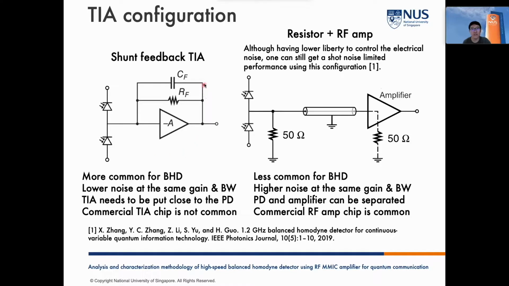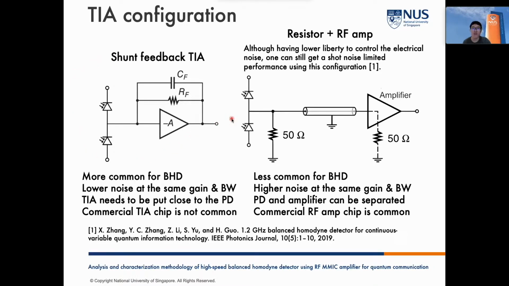The configuration on the left, the shunt feedback TIA, is more common for balanced homodyne detectors, and not only for BHD but also for optical receivers in general. The reason is that this configuration has lower noise if we fix the gain and the bandwidth. This can be shown from a lumped component model of the electrical circuit.